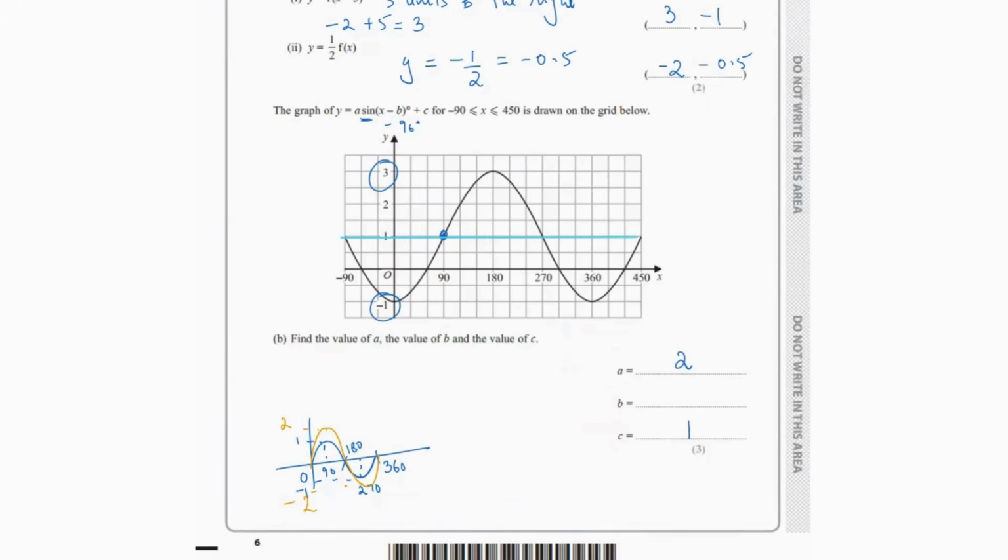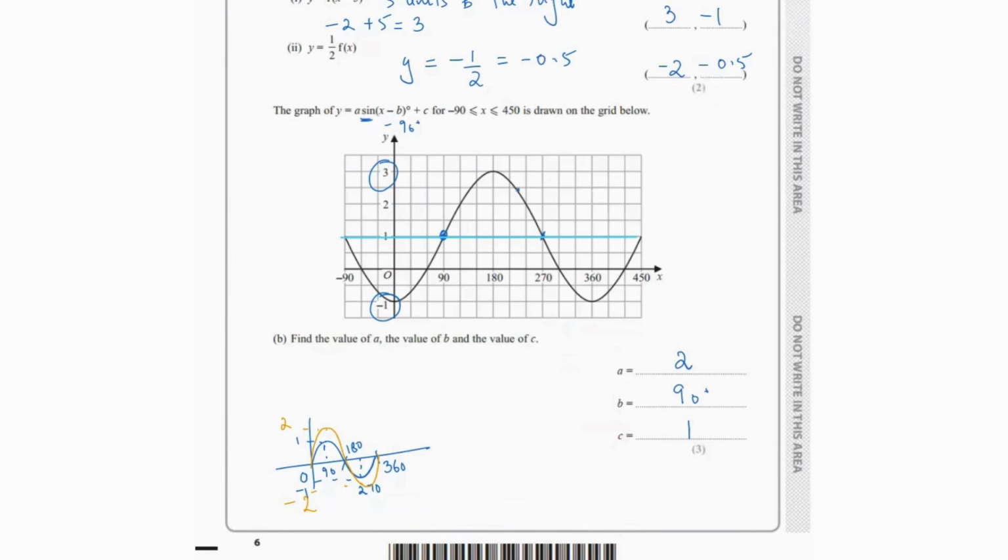So x minus 90 means moving 90 degrees to the right-hand side, which means b is going to be 90. Because look, now the maximum value, instead of being at 90, it's at 180. This 0, which was supposed to be at 180, is now at 270.